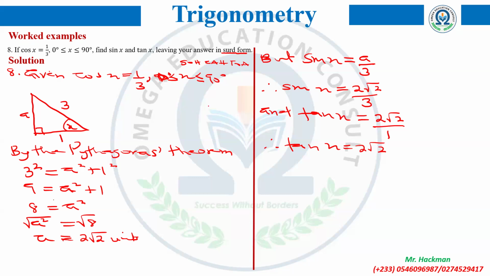So assuming maybe your interval for the x was between 270 degrees and 360 degrees, cos of any angle between 270 and 360 is positive. So it means my question is not flawed because cos of x is giving me a positive result. Is that clear?